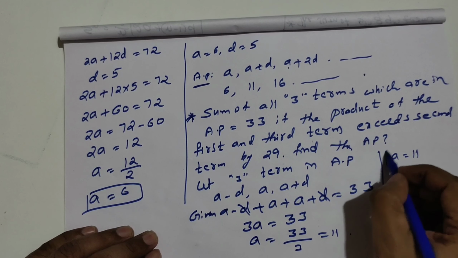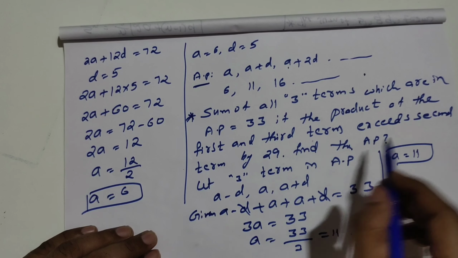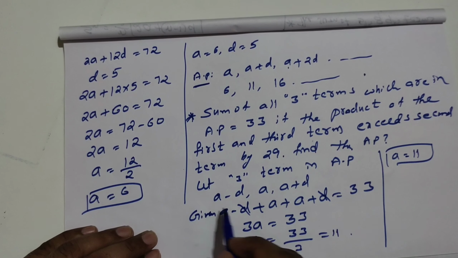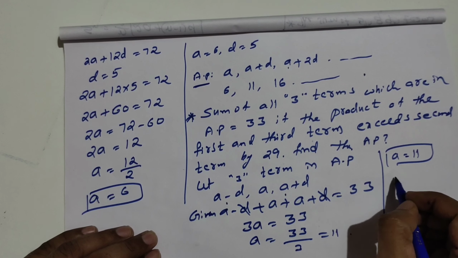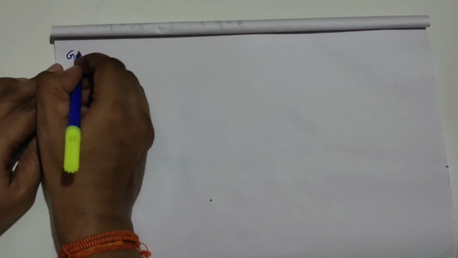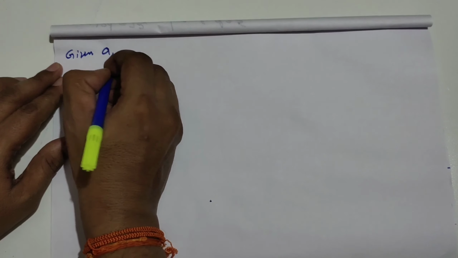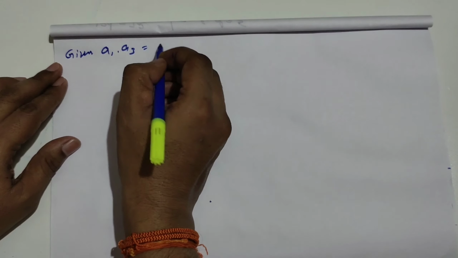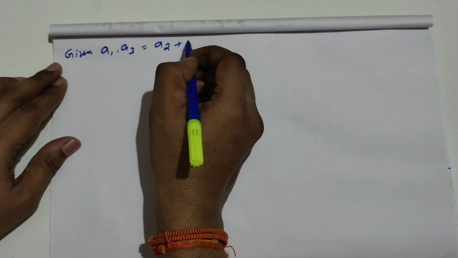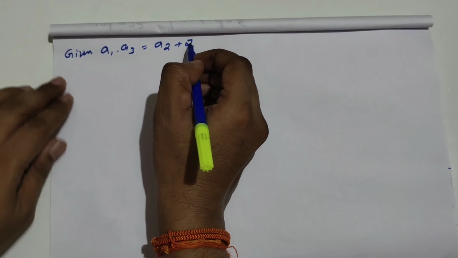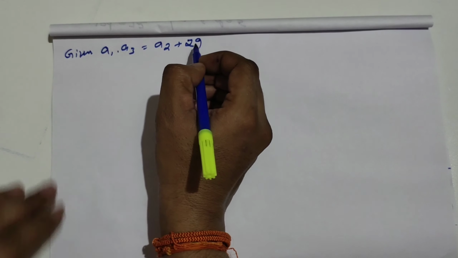A value 11. And one more relation is given: the product of first and third, that is a1 into a3, is equal to a2 plus 29.